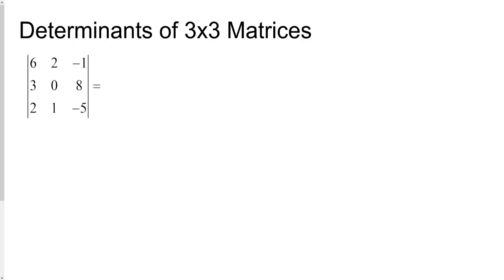It works fine, but the other way of doing it, which is more of a system, tells you how to do the determinant of a 4x4, 5x5, or even larger. So this system would work for any size matrix and not just 3x3. So that's why I'm introducing it instead.